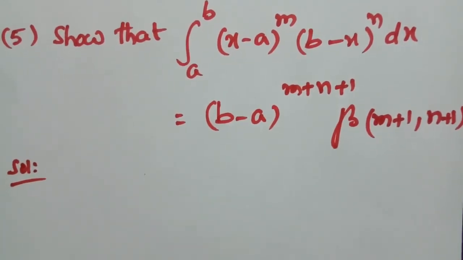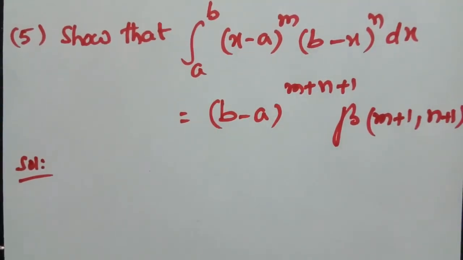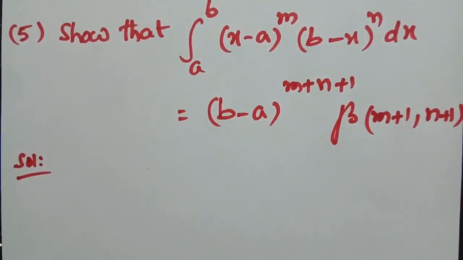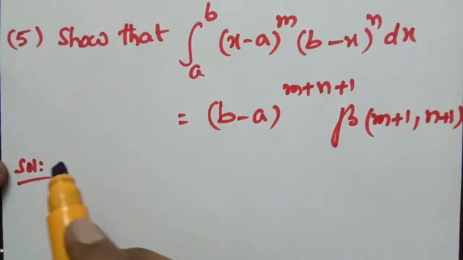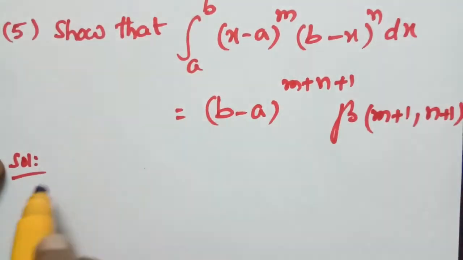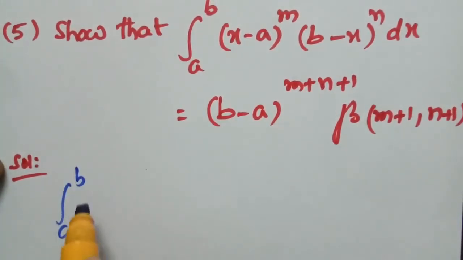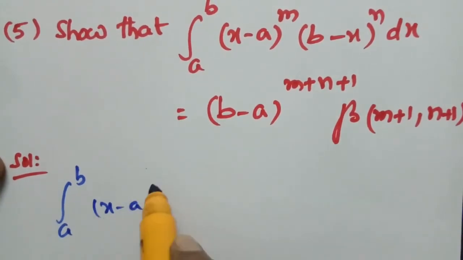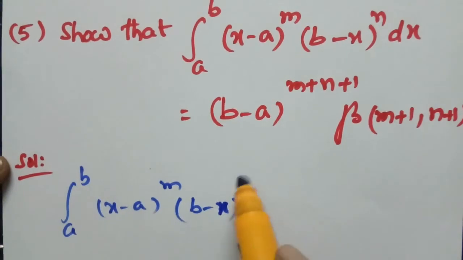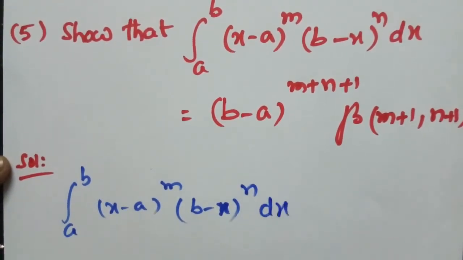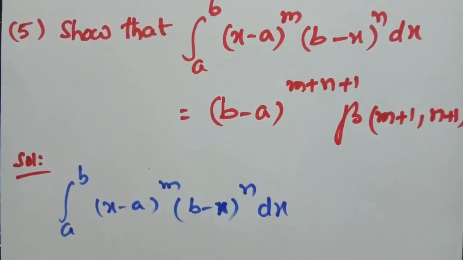Now integrating by substitution, our required function is beta of (m plus 1, m plus 1). Therefore we have to get the limits as integral 0 to 1. So take the given integration, with lower limit 0 and upper limit 1.